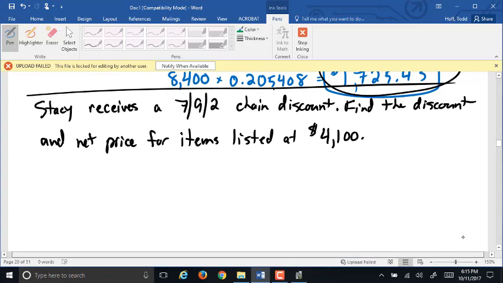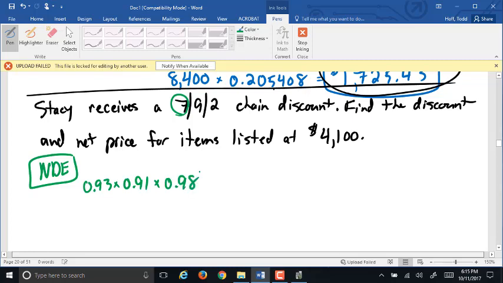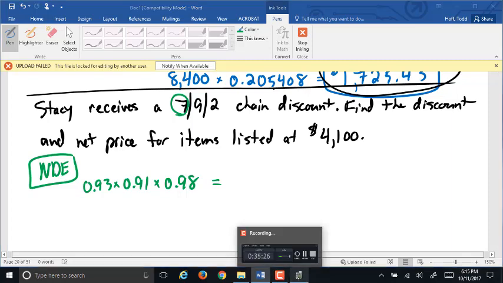So we're first going to find the net decimal equivalent. And how are we going to find it? 7 gives us 93, so 0.93. The 9 gives us 91, so 0.91. 2 gives us 98, so 0.98.